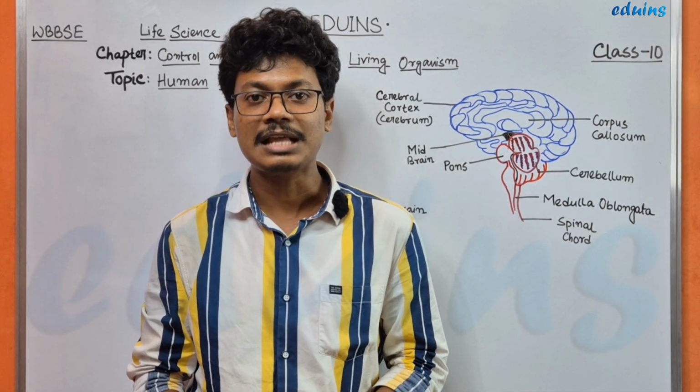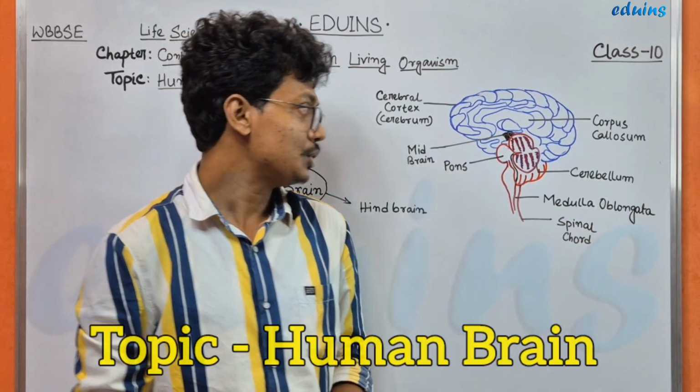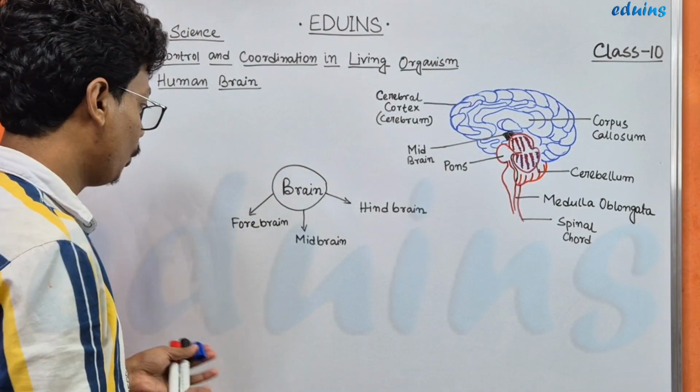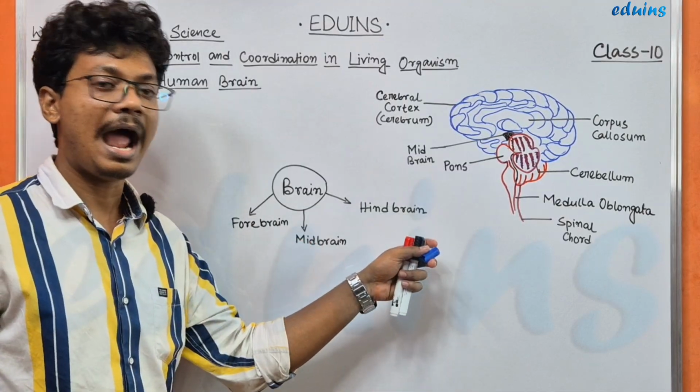Today we will discuss the human brain. The human brain consists of three parts: forebrain, midbrain and hindbrain.